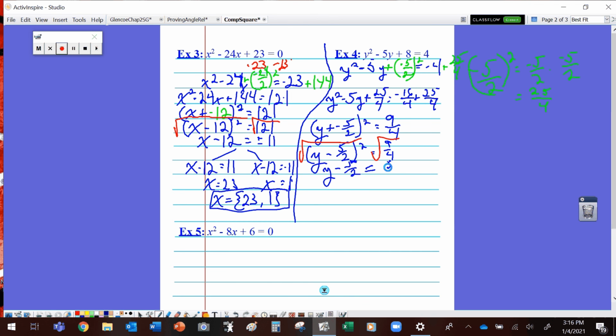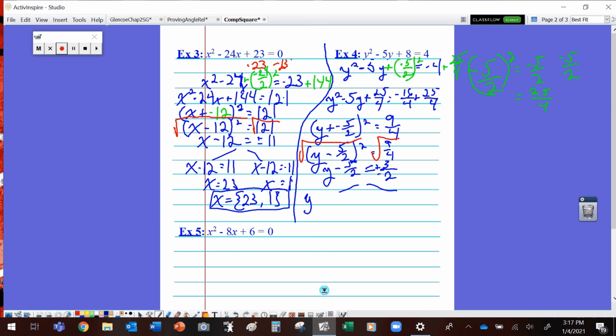So the square root of 9 is 3. Square root of 4 is 2, and don't forget that plus or minus out front. Okay, so I have y minus 5 halves equals plus or minus 3 halves.